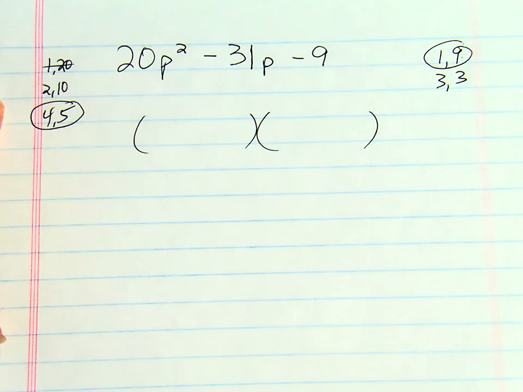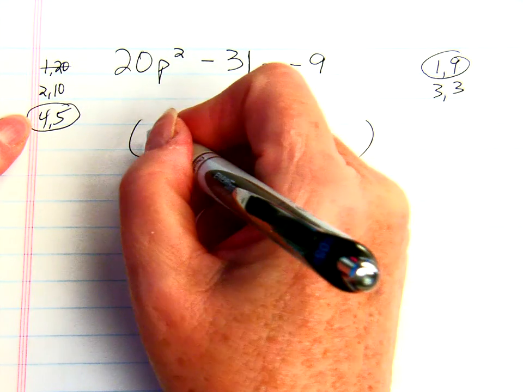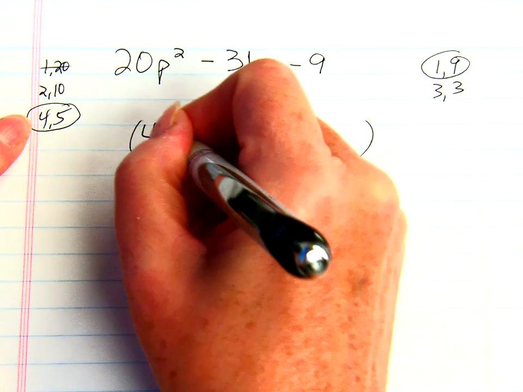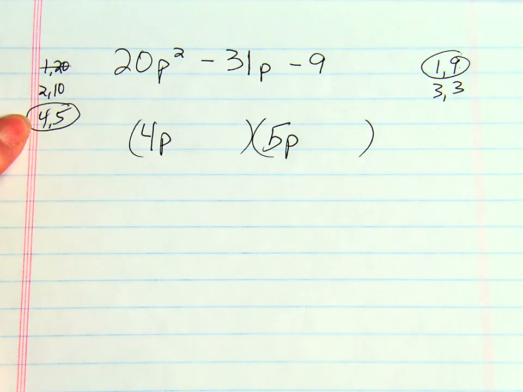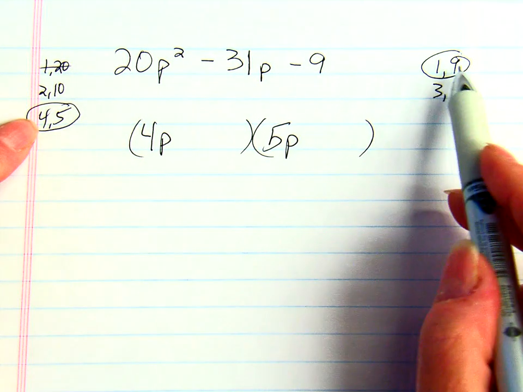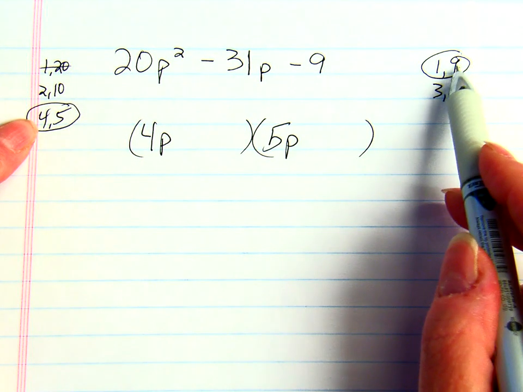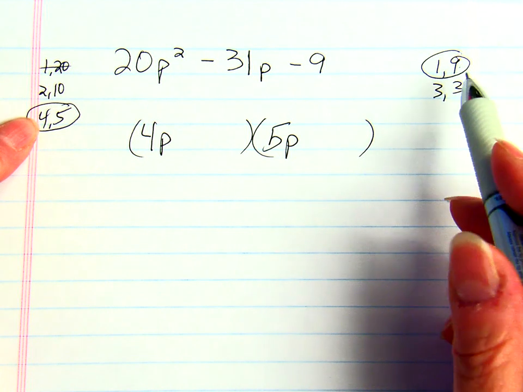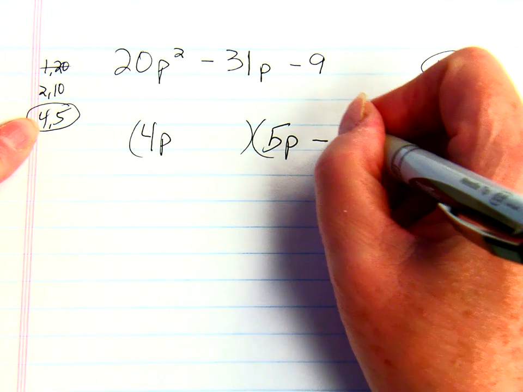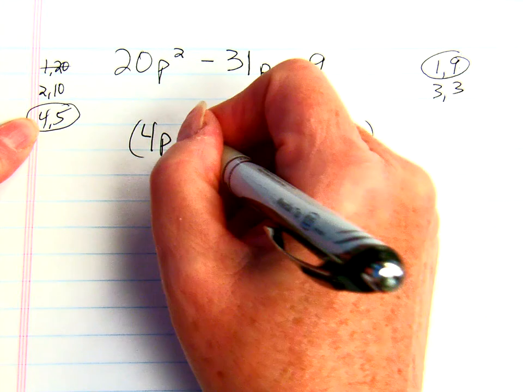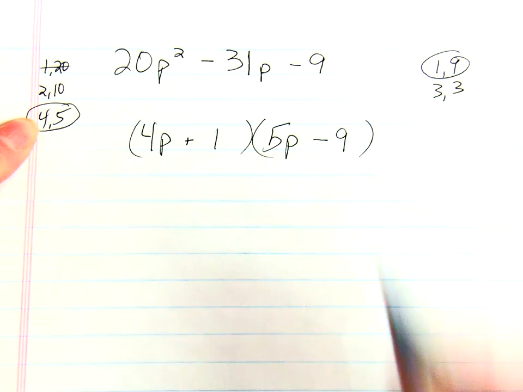Okay. I'm going to put 4p here and a 5p here. My 4 times my 9 needs to be negative. So I'm going to put negative 9 here, and I'm going to put positive 1 here.